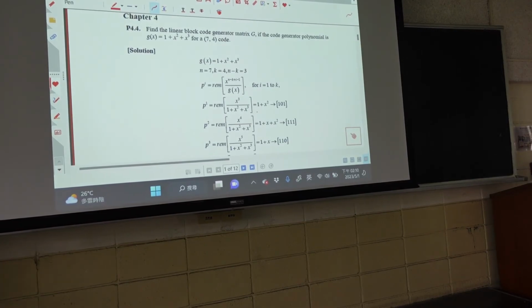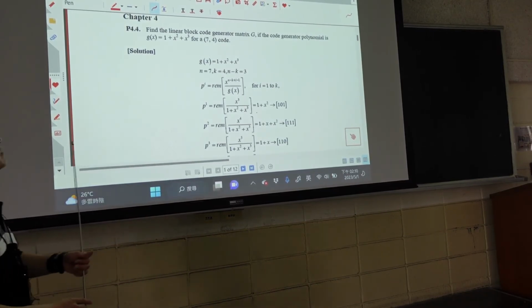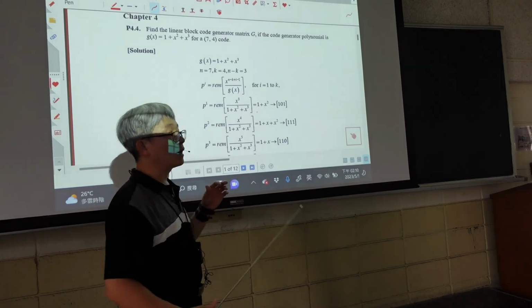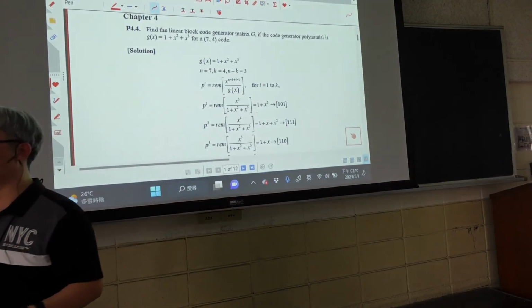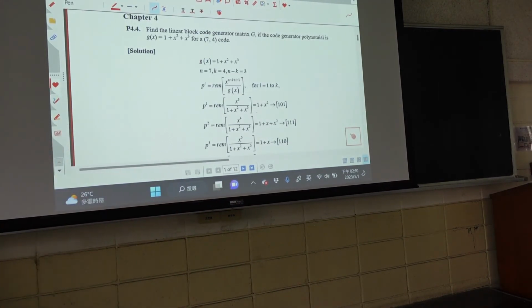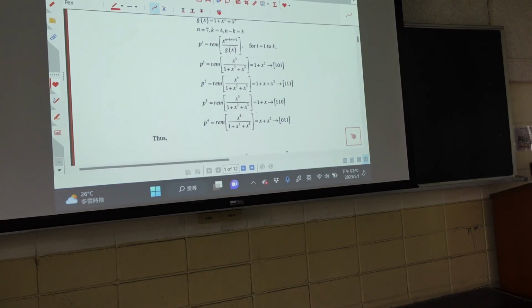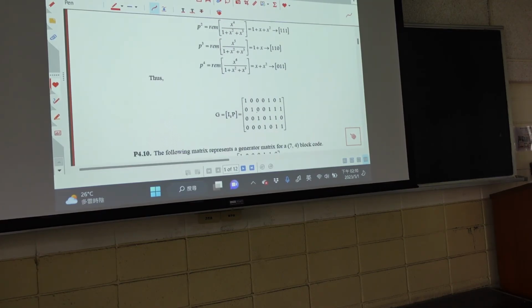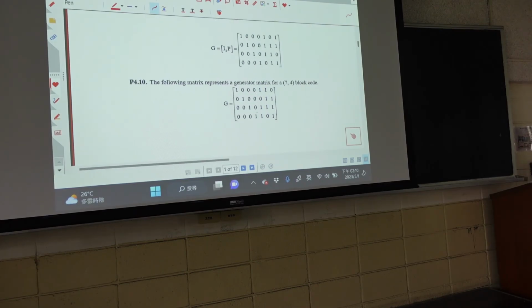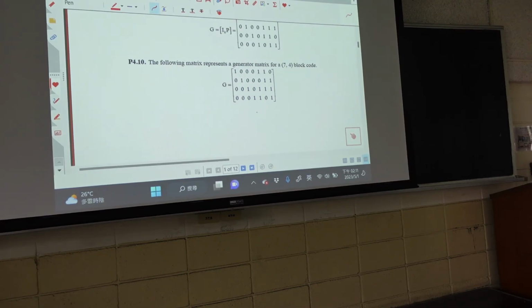As I remember, group 4 showed all the details to get the remainder, so that they can have the coefficient. And once they have the coefficient, then we can get the vectors. And once we have the vectors, then we can have the matrix G. Alright, and for 4.10 similarly, we can do the calculation.